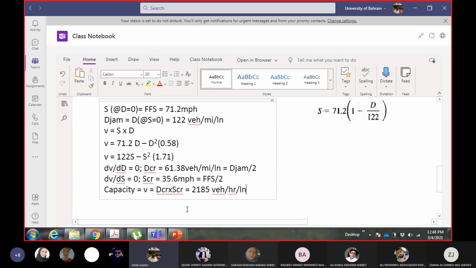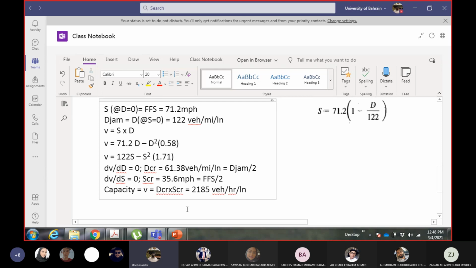Better or higher free flow speed means better design of the road. Whenever free flow speed increases, the capacity will increase because more free flow speed means the road is designed better, with less curvature, smooth surfaces, wider roads, and so on. And you can see critical density can also increase the value of capacity.